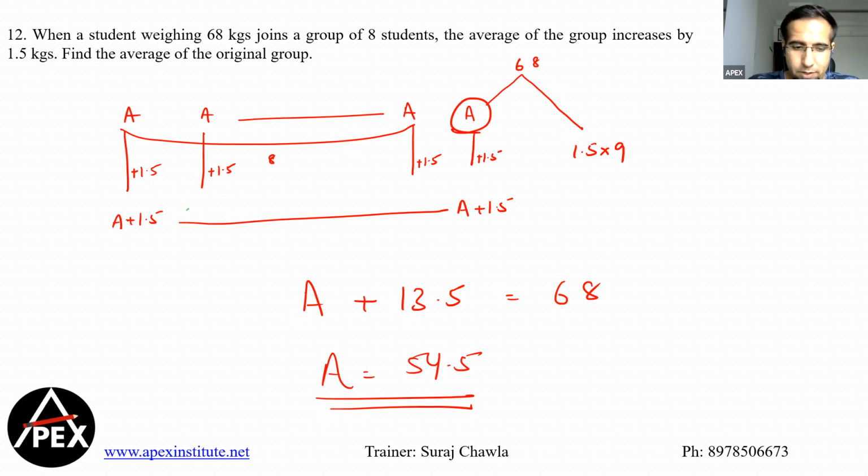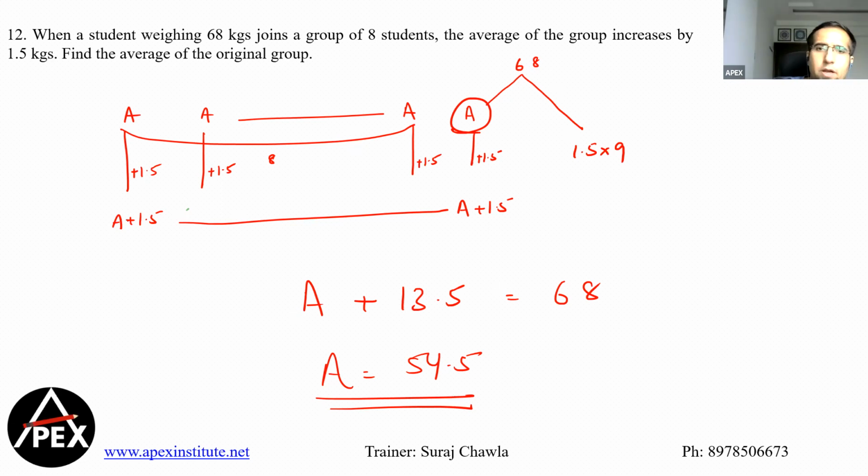Same concept is what we are applying. Clear? 68 minus 13.5 is 54.5, no?